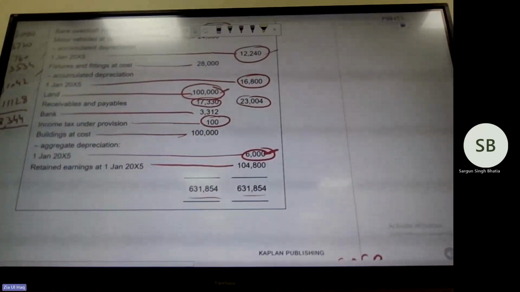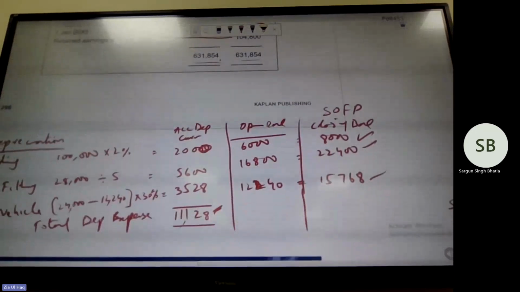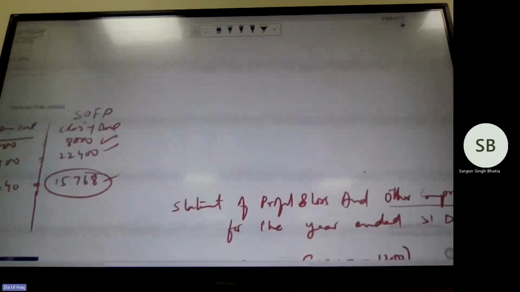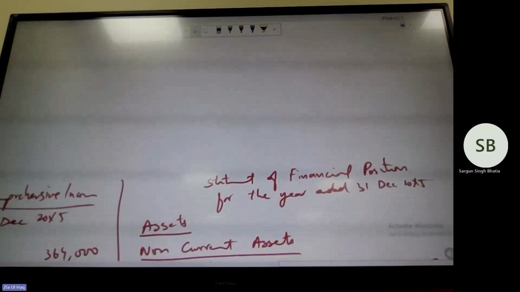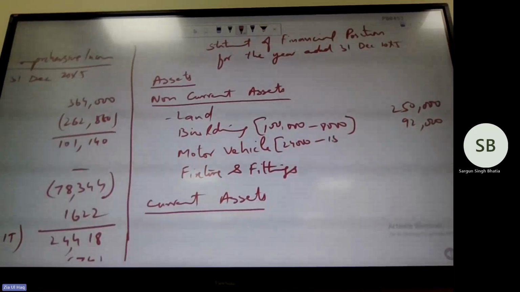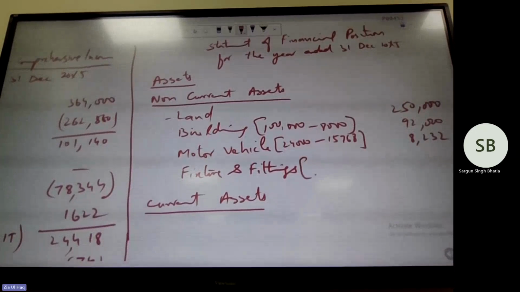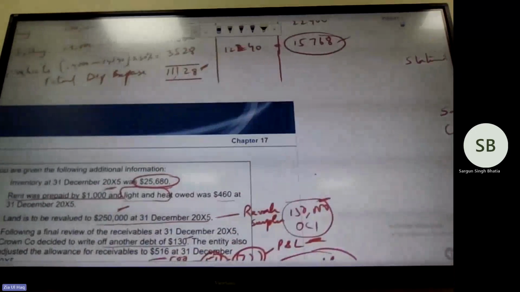Motor vehicle cost is 24,000, but its accumulated depreciation balance is 15,768. 24,000 minus 15,768. So what is the total amount? 8,232.